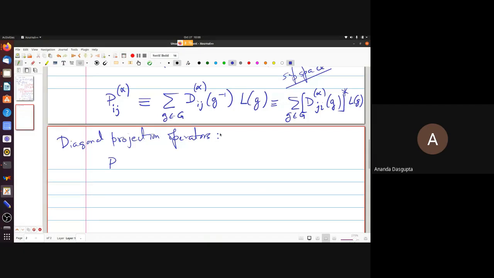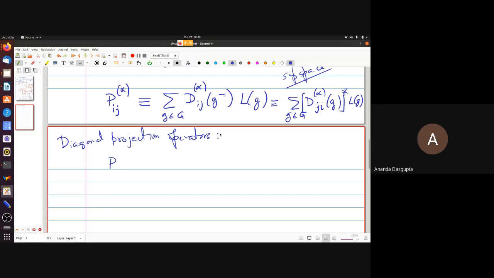After all, you must realize that in a d alpha dimensional irrep, there are only d alpha independent vectors, right? You can't have more independent vectors than the dimensionality of that particular irrep. So P alpha ij, of course, acts on your original vector and gives you a vector in that subspace.